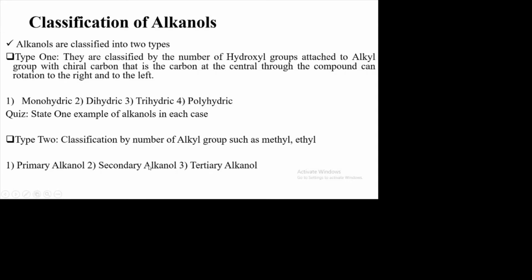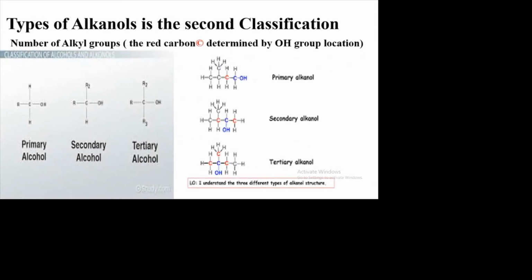When you have two alkyl groups, such is known as secondary alkanol. When you have three alkyl groups, we call it tertiary alkanol. So when you are asked to give types of alkanols, the major type of alkanol is that second classification, which is determined by the number of alkyl groups.